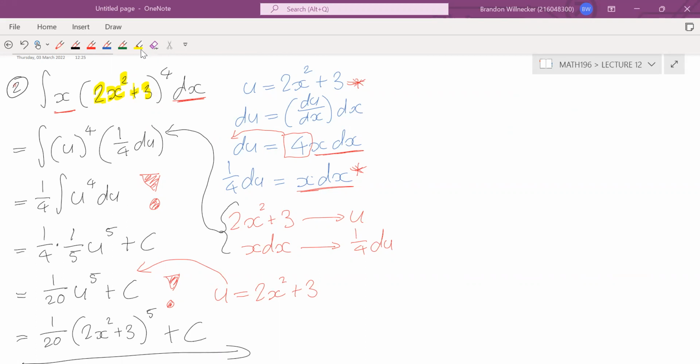So that gives us the hint that this part here should be u. But again, there's no set rules for this. It just comes with experience. So you have to do lots of problems, and then you'll pick up on what should be u for each of the cases. Okay, any questions before we move on?